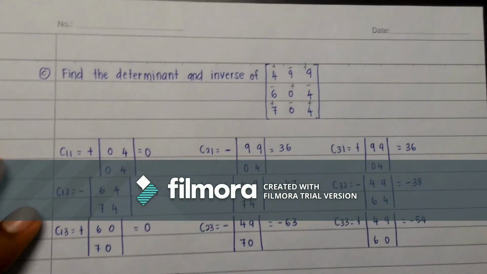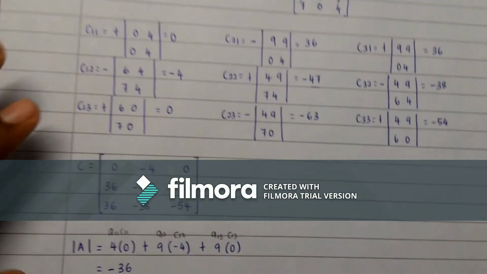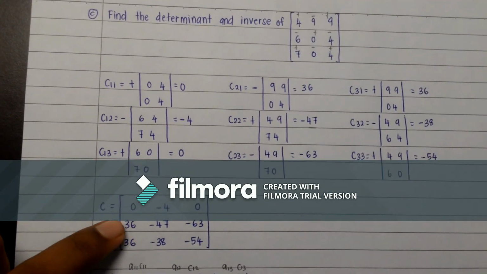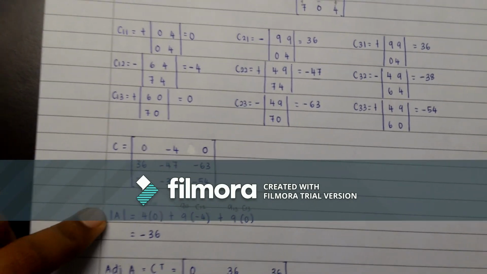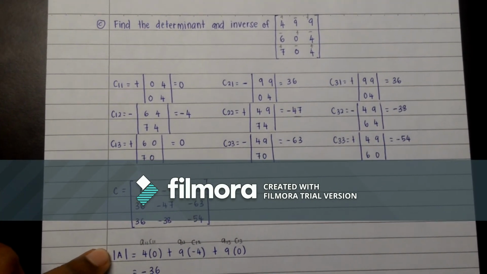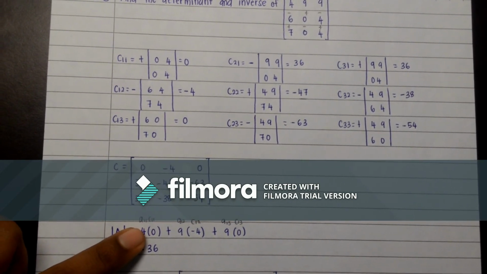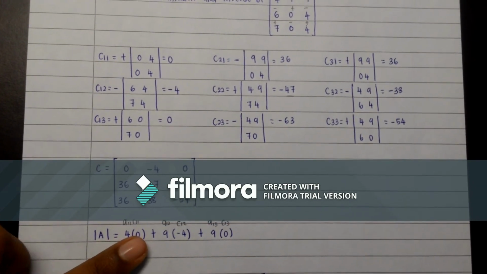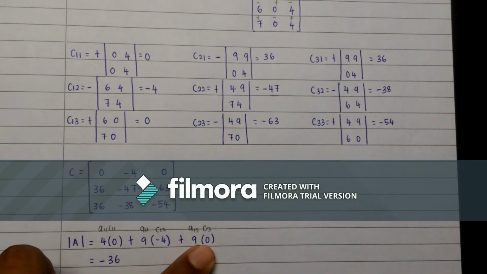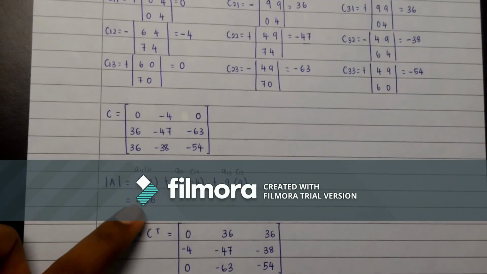Once we find the value of all cofactors, we substitute them in the matrix of C. This is the value of the matrix of C. Then we have to find the determinant of the matrix: A11 times C11 plus A12 times C12 plus A13 times C13. The value is negative 36.